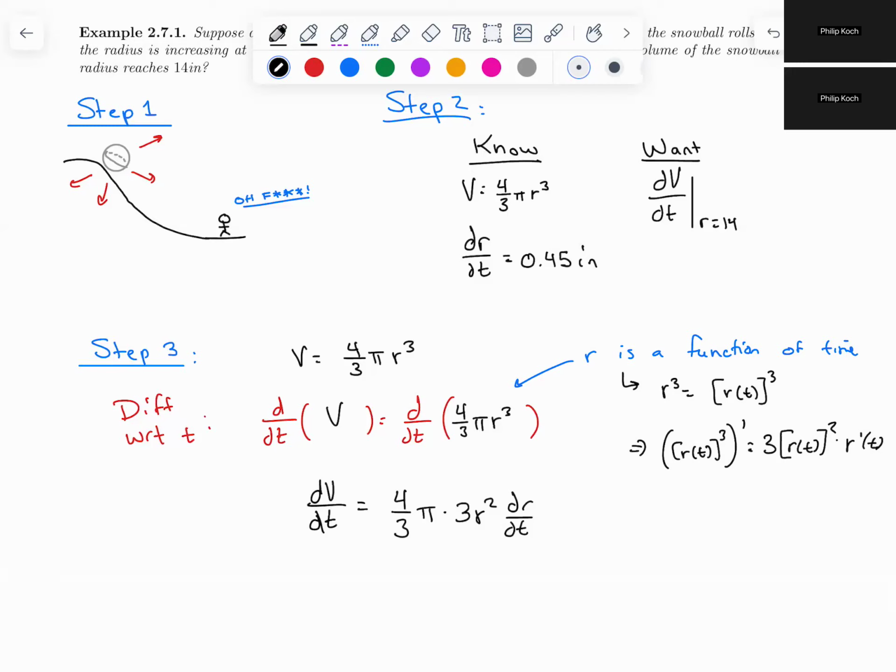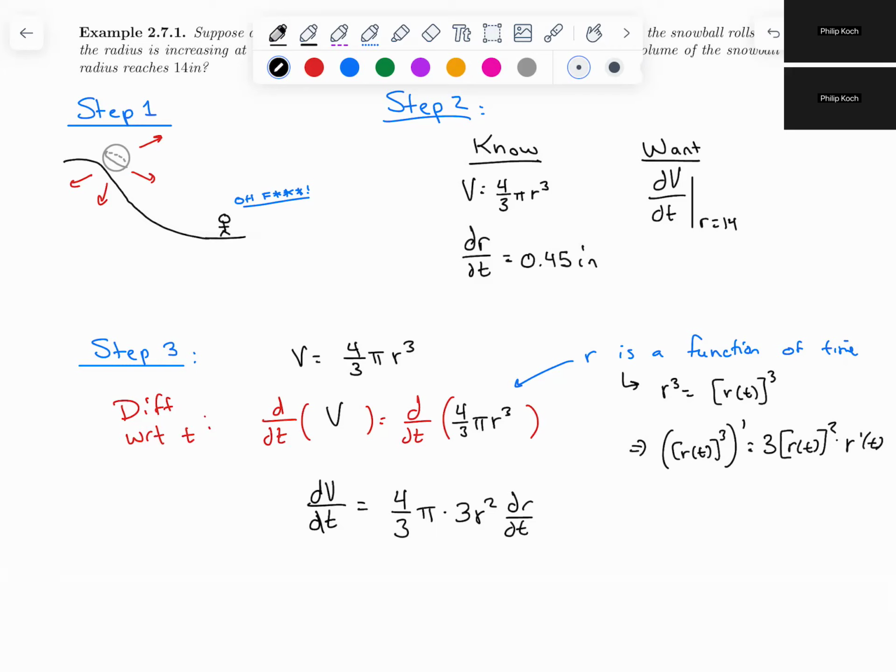Yes, because time goes on, r increases. I'm saying that it's increasing at a fixed rate, but that's not necessarily true. As it gets bigger, maybe the radius changes differently over time. Maybe since it starts rolling faster, it's only picking up a little more snow as it goes on. So maybe after 10 seconds it's picking up 0.45, but after 30 seconds it's picking up like 0.1, because it's rolling faster.